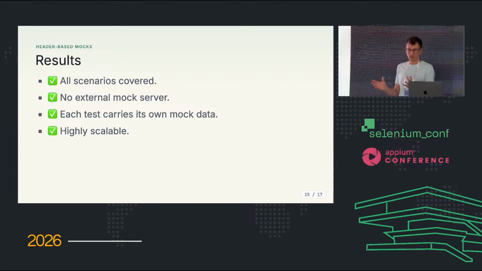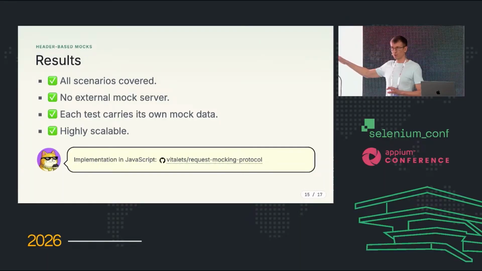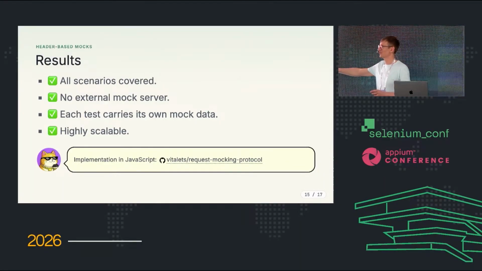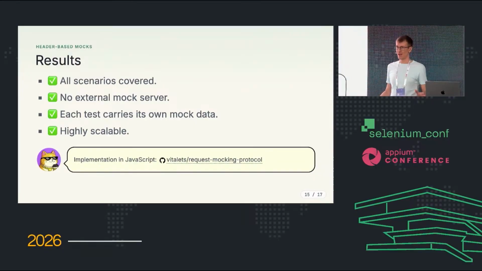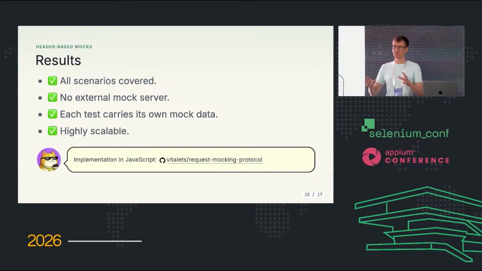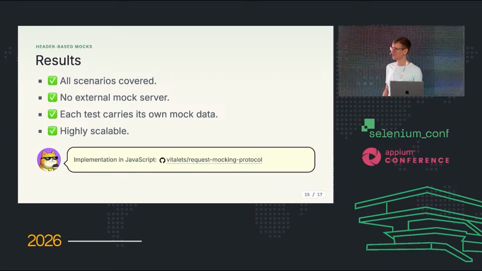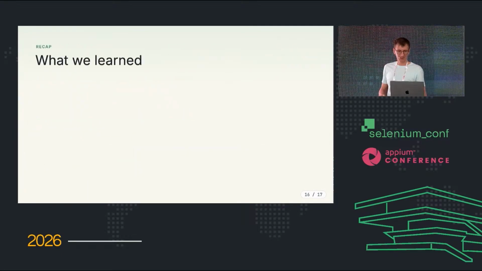It's just self-contained. And for JavaScript, I created the implementation of this approach. So if you use JavaScript, you can try this open source solution. If you use other languages, you can just take this idea, ask an AI agent to build a prototype and see how it works for your project, and maybe share the results on the next Selenium Conf.